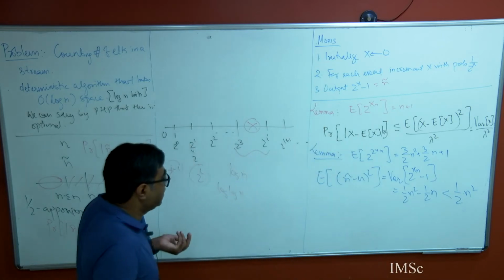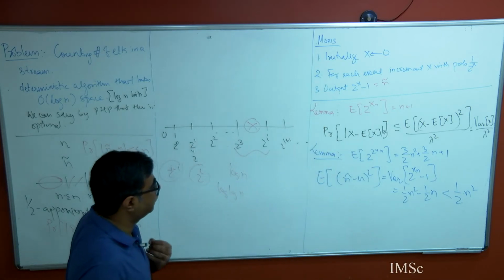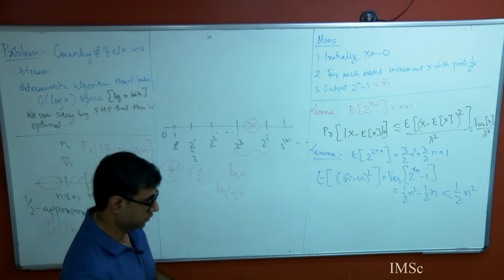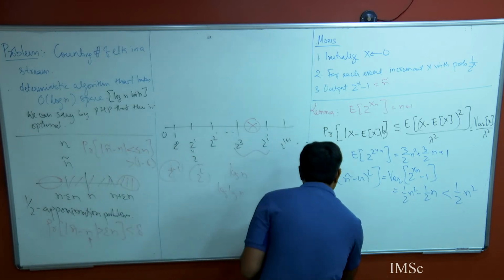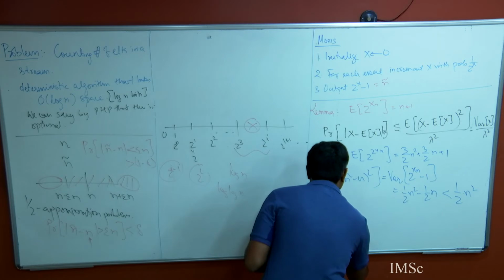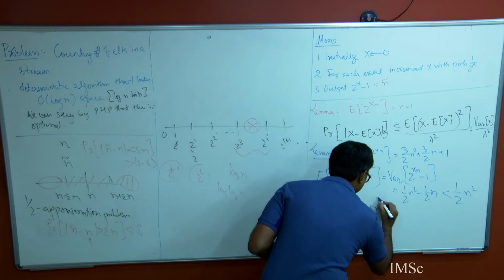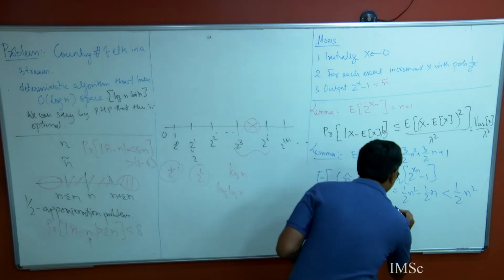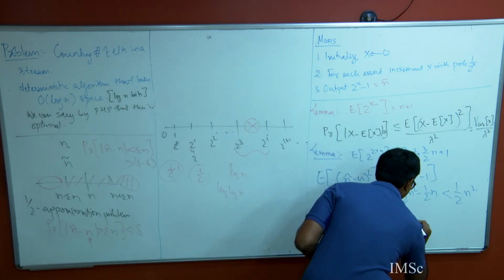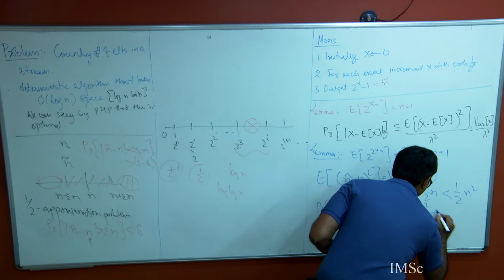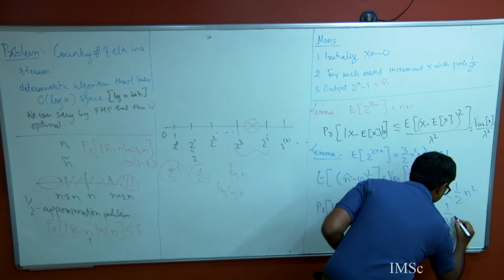But even if I substitute this, what are we going to achieve? We get the probability that n tilde minus n is greater than epsilon n is less than or equal to 1 over epsilon square n square by 2, where n square gets cancelled.